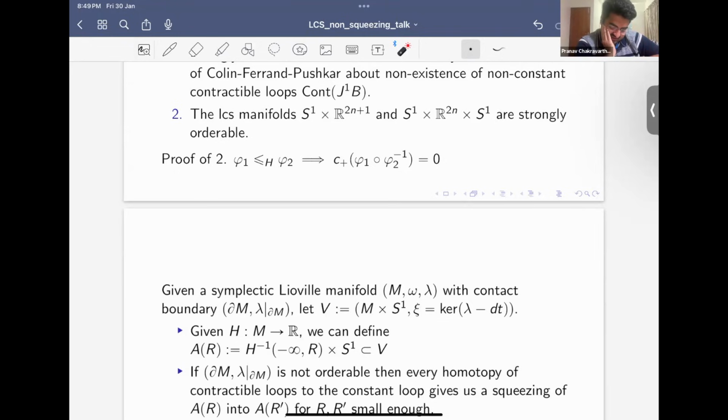I don't know if these are even calculated in the contact case for ellipsoids, for example. I could be wrong, but I don't think they are. So somehow these are not too easy to calculate for arbitrary domains.